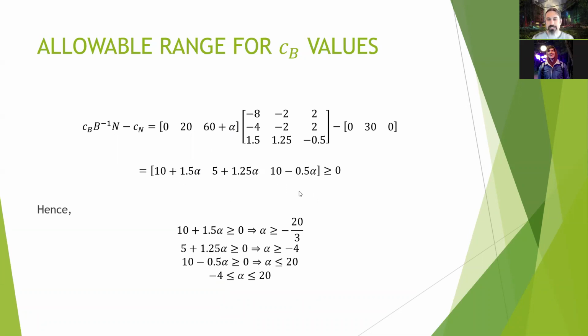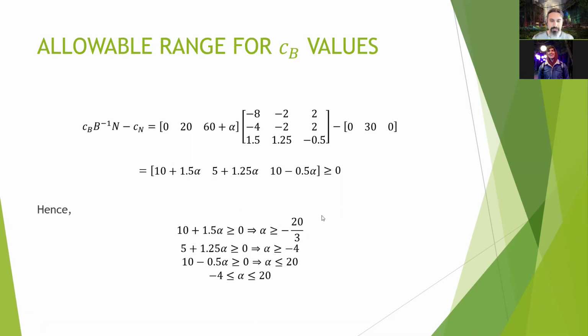How can I change these into zeros? I will just check each of them one by one. 10 plus 1.5A is greater than or equal to 0. So A should be greater than minus 20 over 3, which is like minus 6.666. 5 plus 1.25A should be greater than or equal to 0, which means that A should be greater than minus 4.